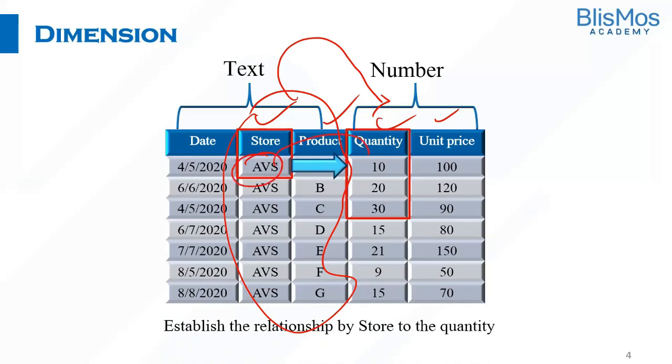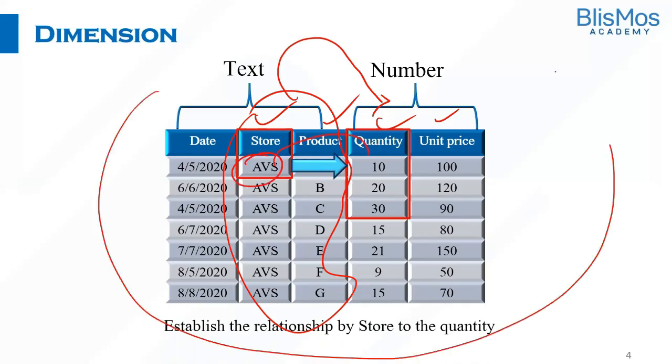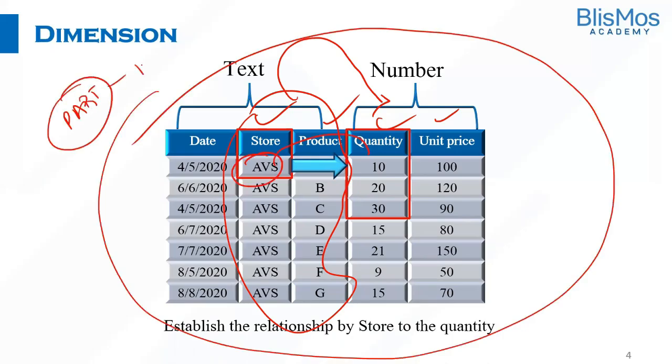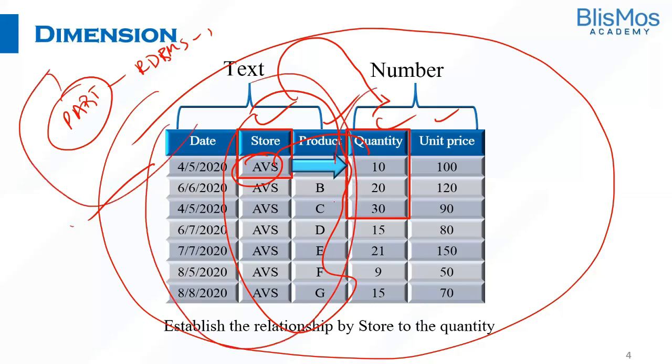Now, the whole data is there as a part of an RDBMS database. Based on whether it is dimension data or factual data, we move it into a dimension table or a fact table. Once we move a certain number of columns into the dimension table and a certain number of columns into the fact table, you have to establish a relationship between these two, right?